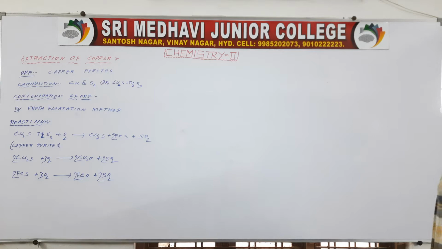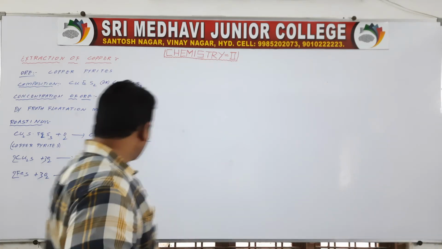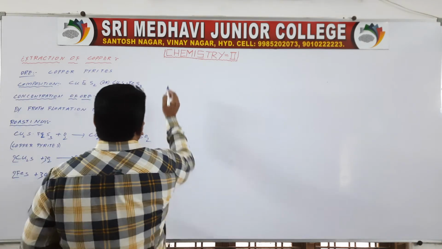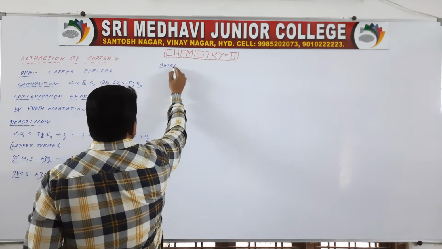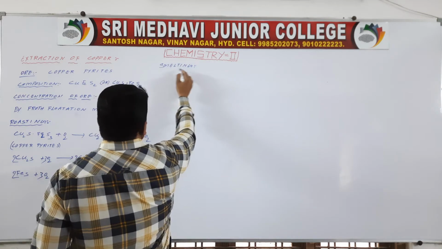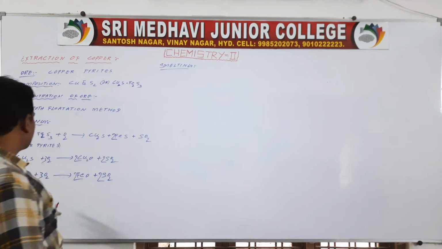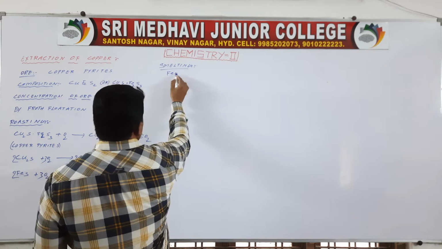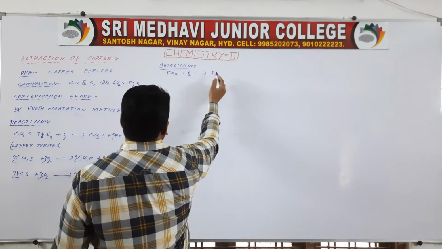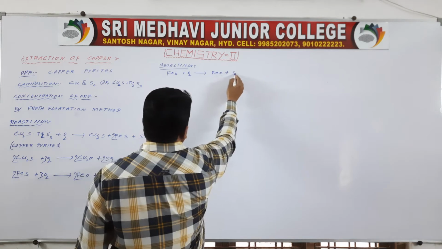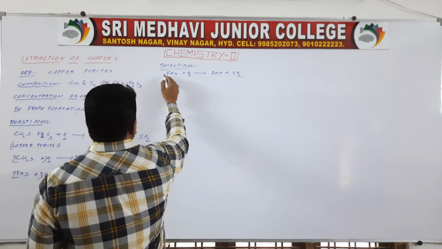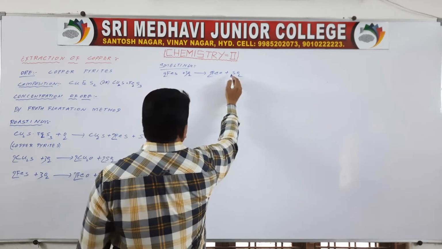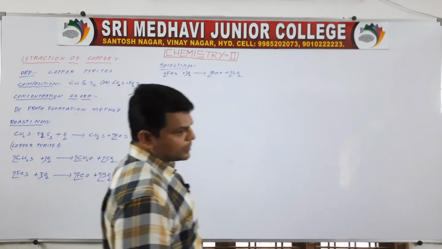Next, smelting can be done. Here FeS is converted into FeO plus SO2: 2FeS plus 3O2 gives 2FeO plus 2SO2.